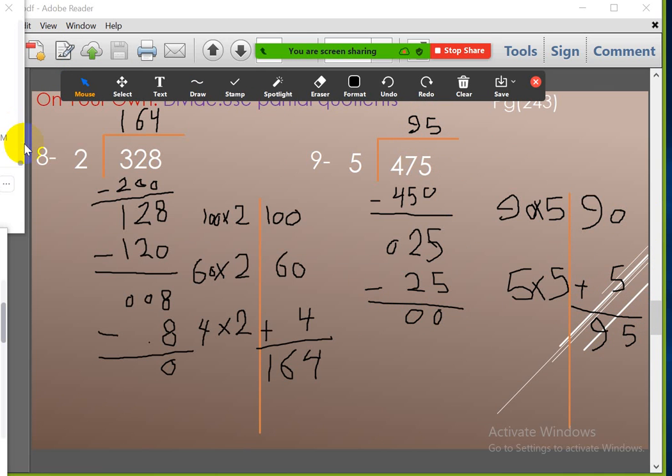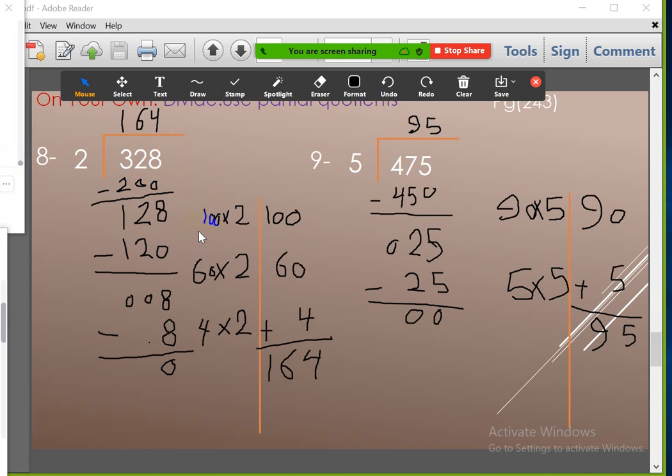When you finish, girls, please type 1 in the chat. Quickly, please.